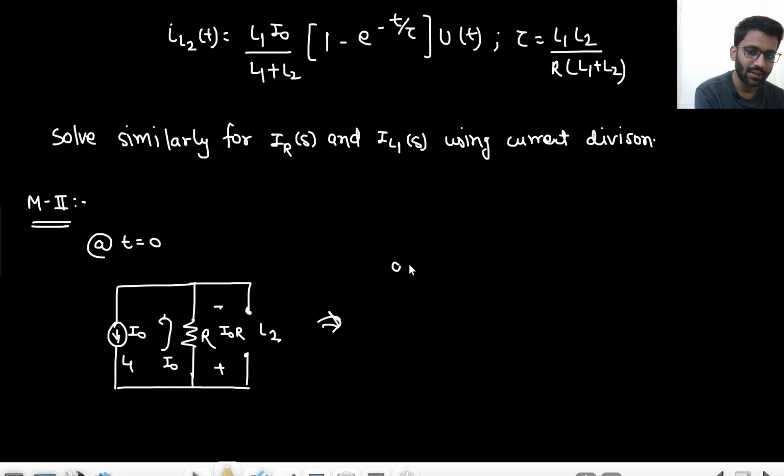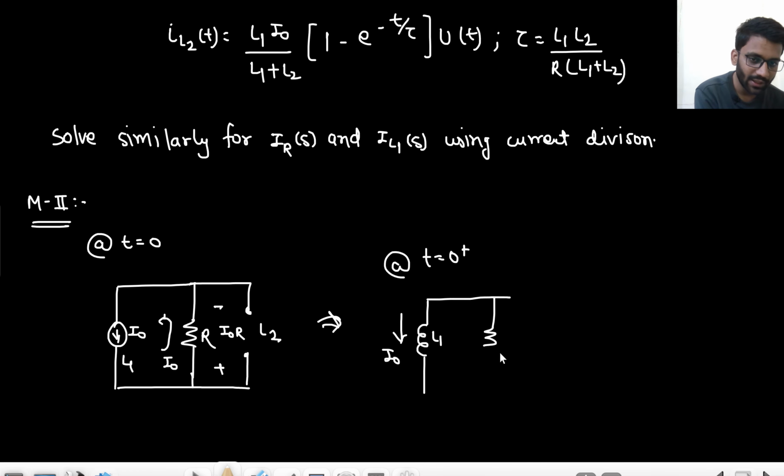So at t equals to 0 plus, what is happening? This is an inductor which was initially having I naught current, right? Now the same I naught current is flowing through the resistor and it is giving a drop of I naught R, and the same drop is developed across L2, right?